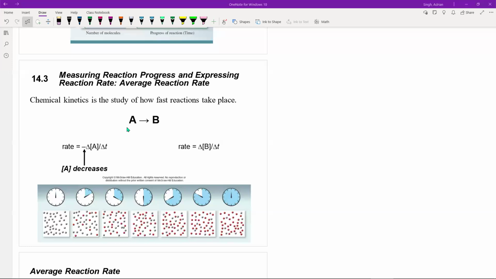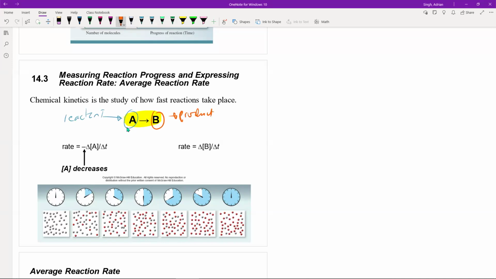And let's just assume, for simplicity's sake, we're looking at a simple reaction where reactant A is being converted into product B. Remember, A on the left side is the reactant, and B on the right side is the product.